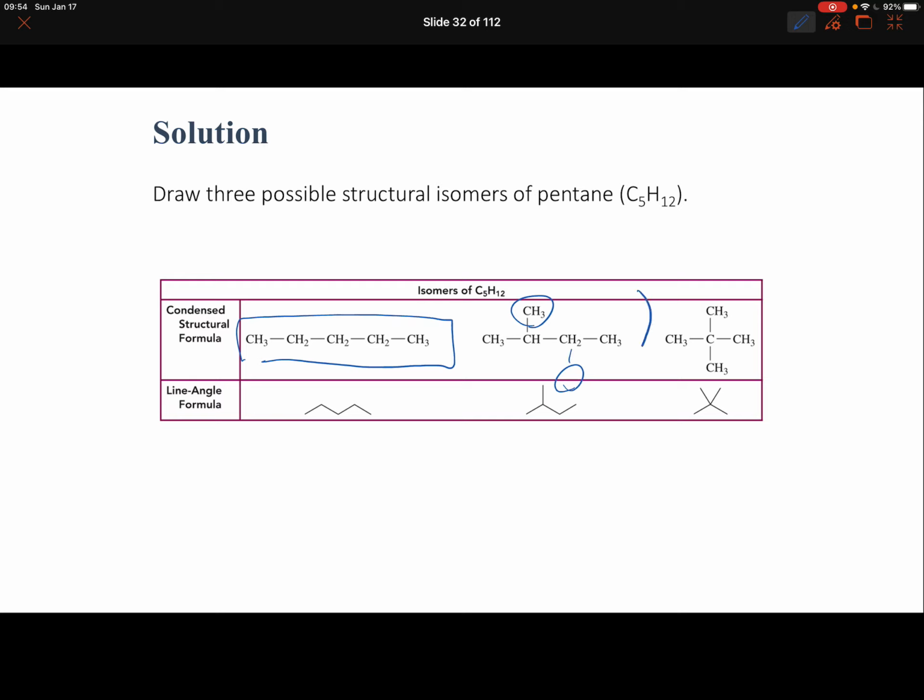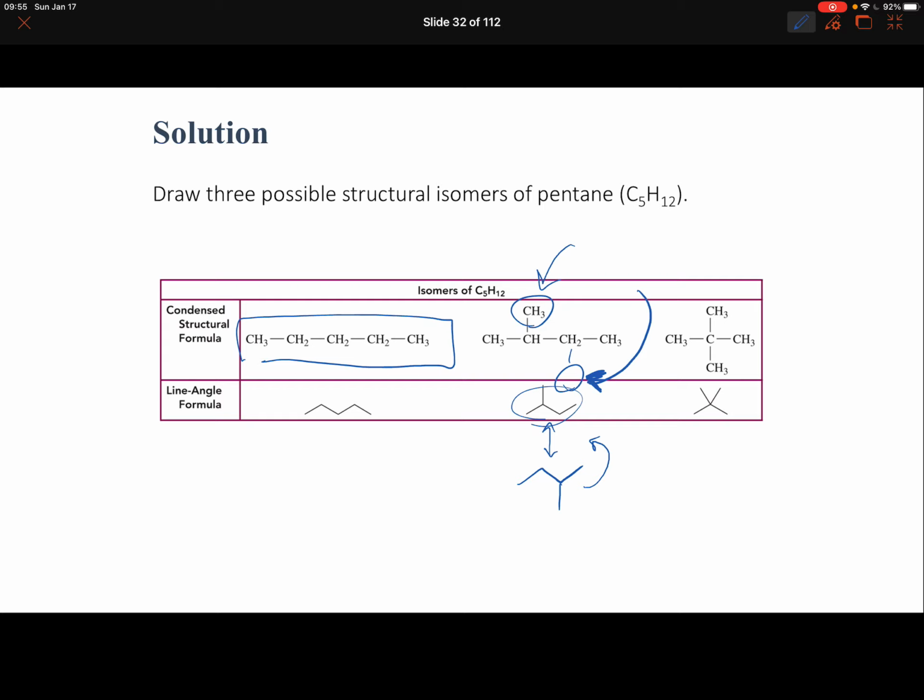Notice that if you had stuck it down here, as opposed to up here, it would have been the same exact molecule. It just would have been upside down. So that is technically not a different option. Doing this is not different than doing this. If I turn this upside down, it just becomes that.